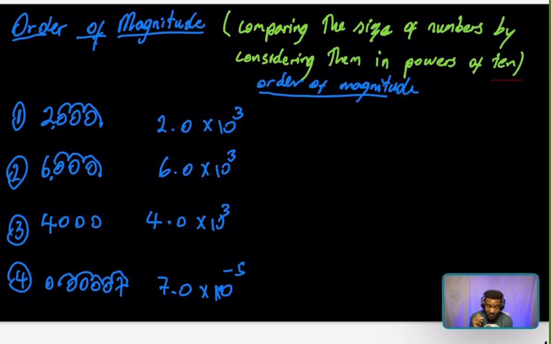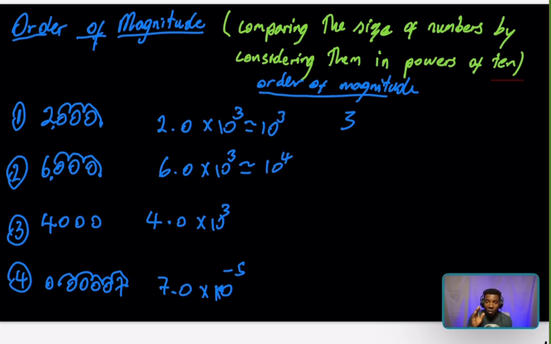For the first one, the order of magnitude is definitely 10 to the power of 3. So we say the order of magnitude for this is 3, because we're only looking at 10 to the power of 3. It's approximately equal to 10 to the 3. Now the next number is going to be 10 to the power of 4.